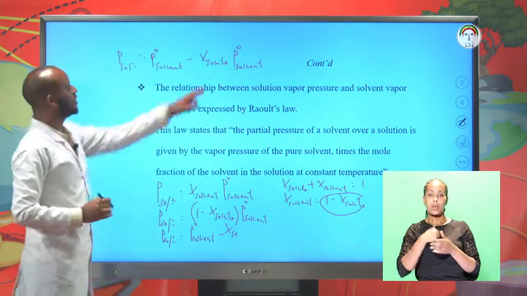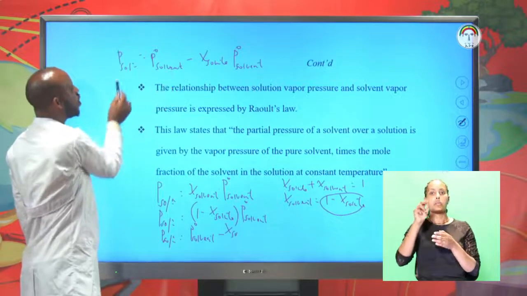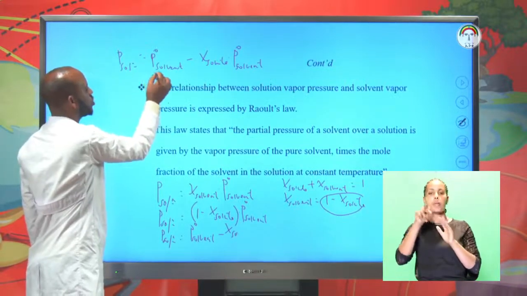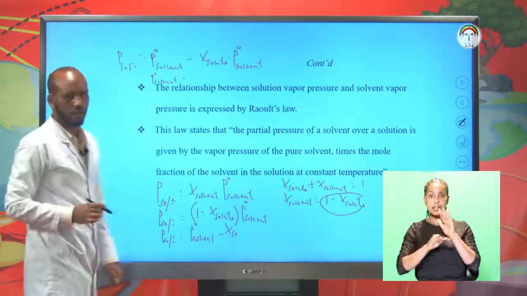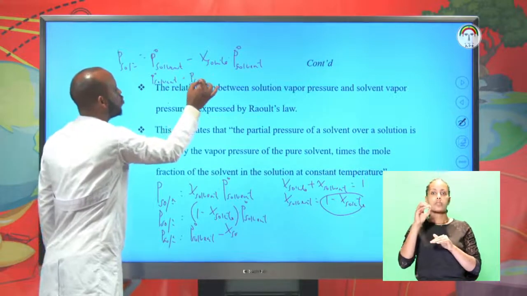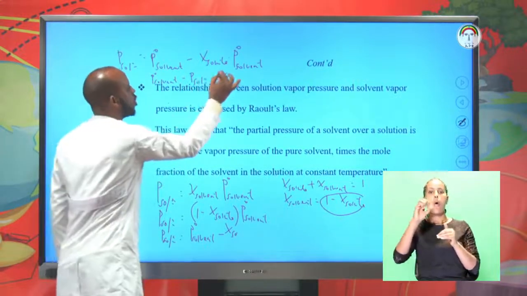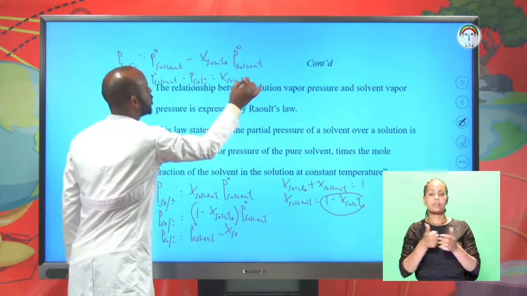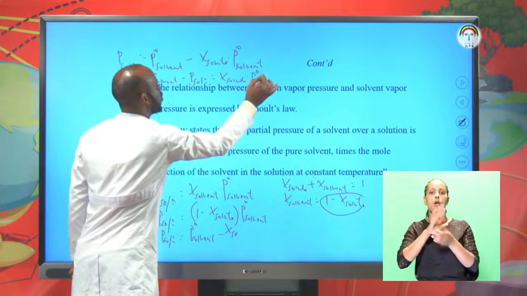We can write this as P naught of the solvent minus P of the solution equals mole fraction of the solute times vapor pressure of a pure solvent.